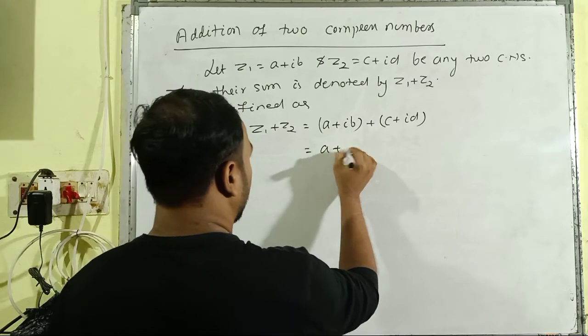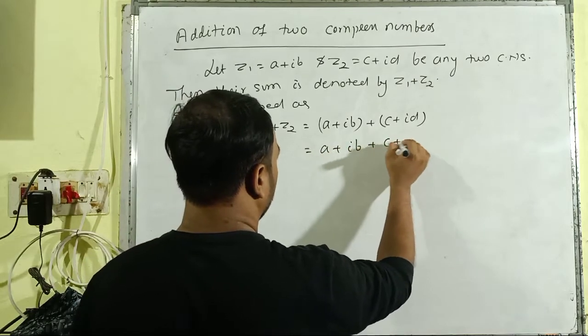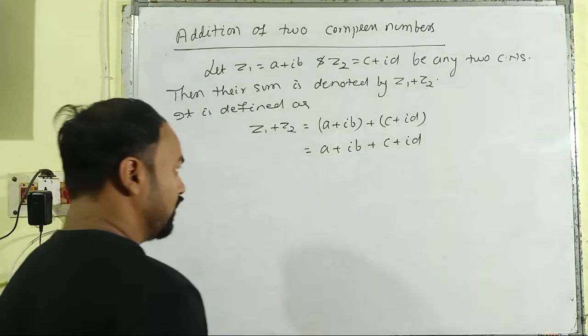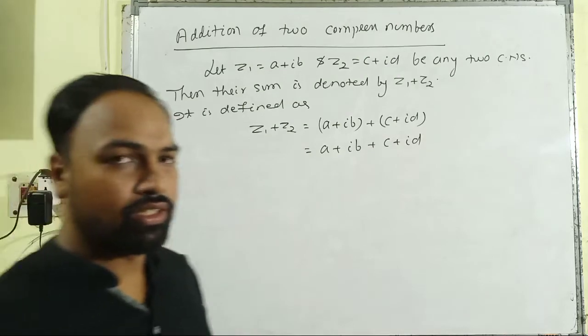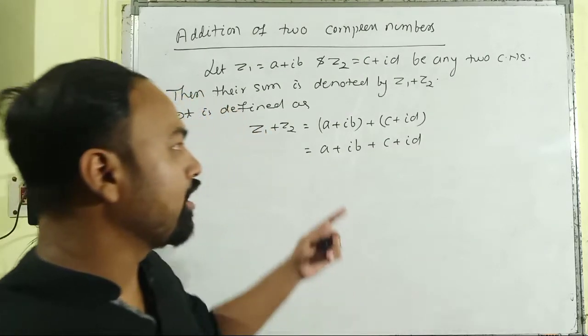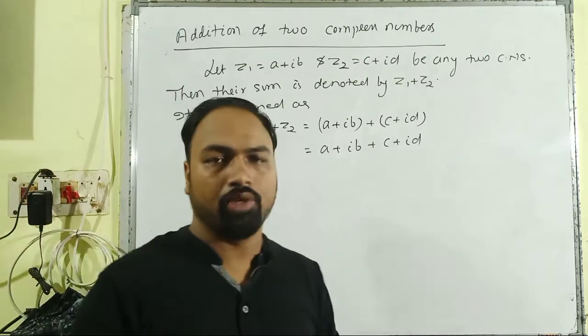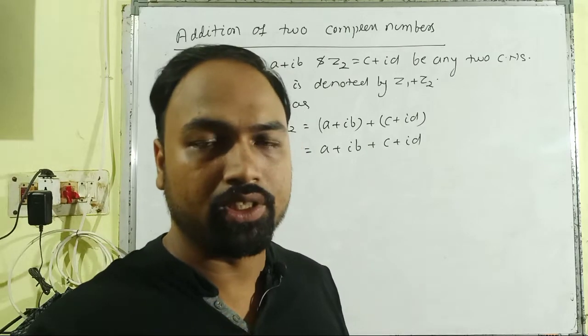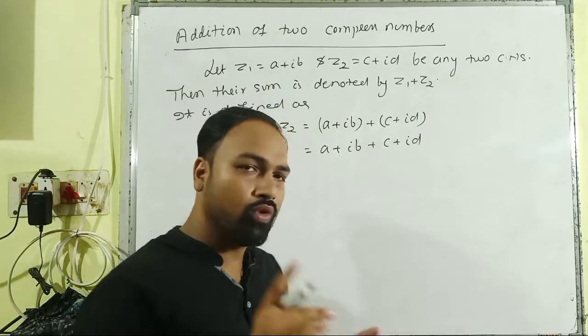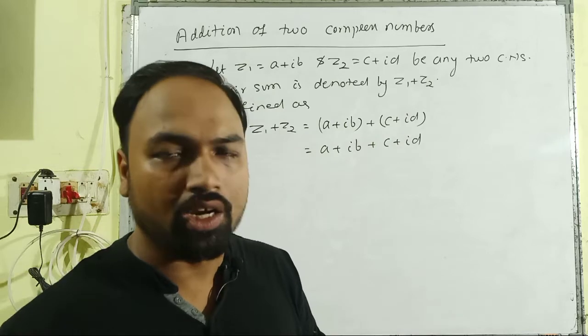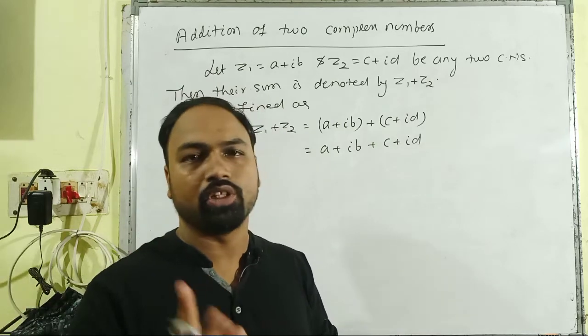Then we have to go for the simplification part. But a question arises: how can we add two complex numbers? The basic concept behind the addition of two complex numbers is that we just have to add the real part with the real part and the imaginary part with the imaginary part.